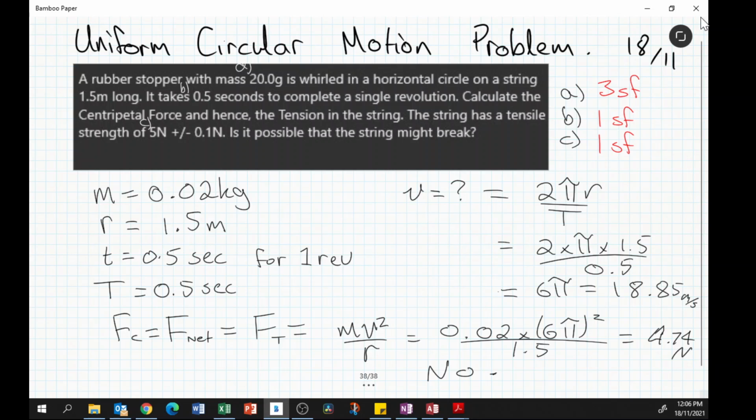We get a velocity of 20.5. We then use that velocity squared times 0.02, the mass, divided by 1.5. That gives 5.6, which again, if you rounded, you'd get 6. So it is actually possible, based off the accuracy of how we've measured, that we will break this string. Really good point, very cool.